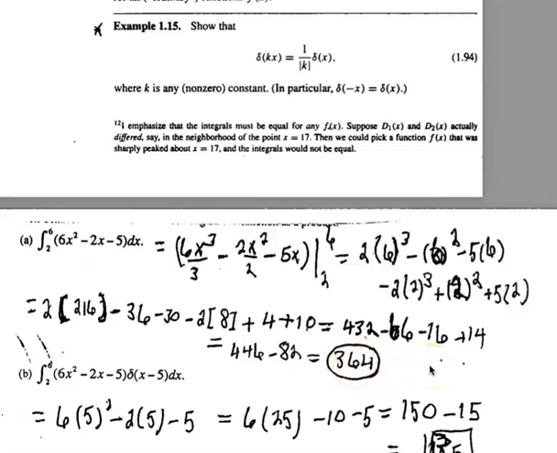All right. What about this integral here? Notice it's the product of the quantity 6x squared minus 2x minus 5 times the delta function that's written in its standard form. The only question you have to ask yourself now is, is this value within the range of integration? Yes or no?